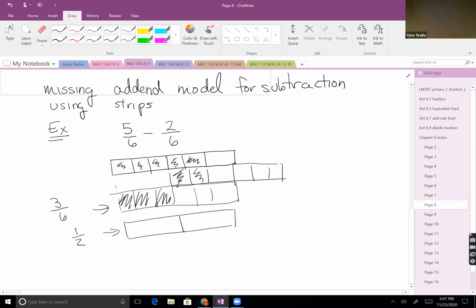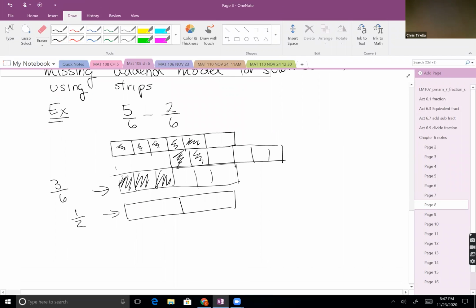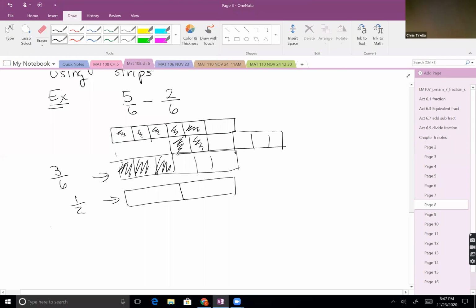And then that other model that we could have for subtraction is that number line model. Remembering that on the number line to show subtraction, we draw the arrows head to head.